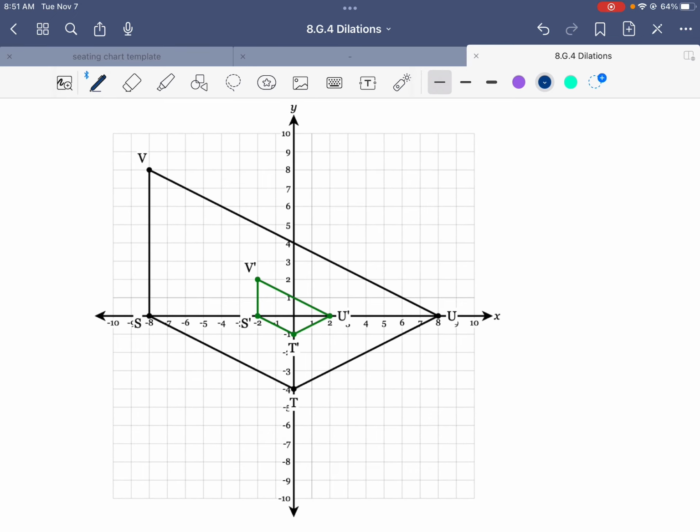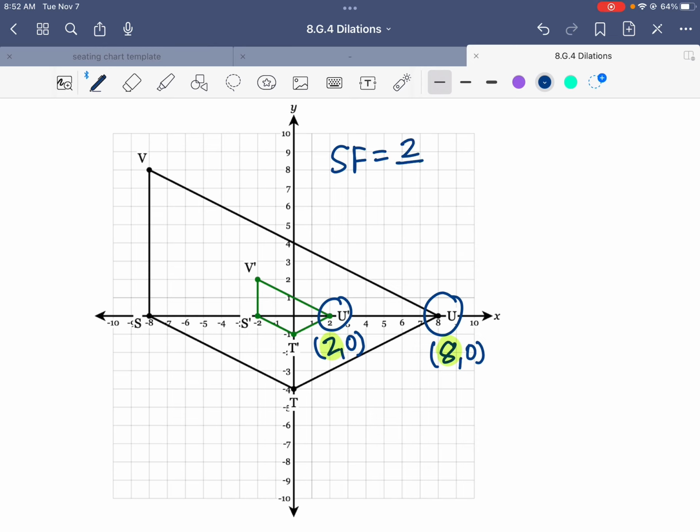And finally, let's use U prime and U. So we have 8, 0, and 2, 0. And remember, we cannot use 0 when determining the scale factor. It will not give us the right number. It will just give us 0. So we're going to use our x coordinates of 2 and 8. 2 is the coordinate for our image, so that goes on top.